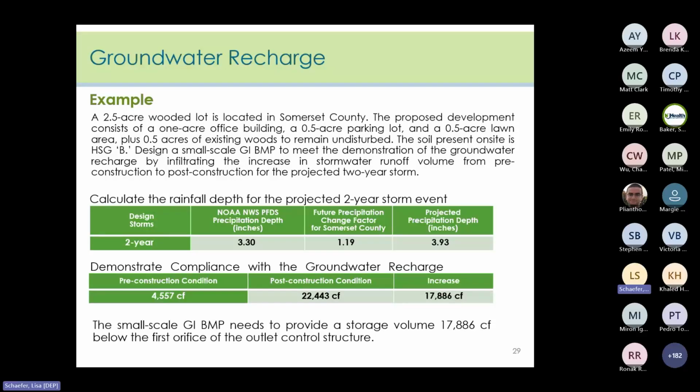With a precipitation depth of 3.93 inches, the projected 2-year design storm will produce an increase in runoff volume for the post-construction condition of 17,886 cubic feet, as shown here. To comply with the rule requirement, that's the target the design must achieve, provided it is also designed with everything else that's in the BMP manual. Okay, let's move on.